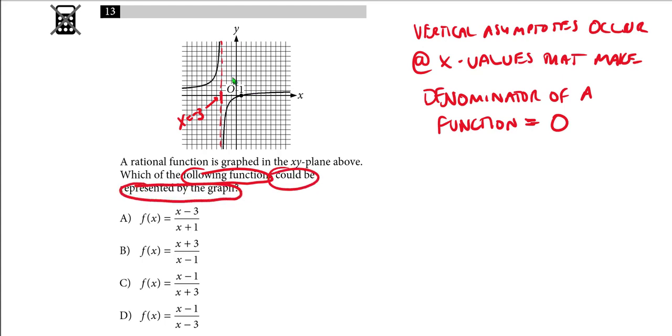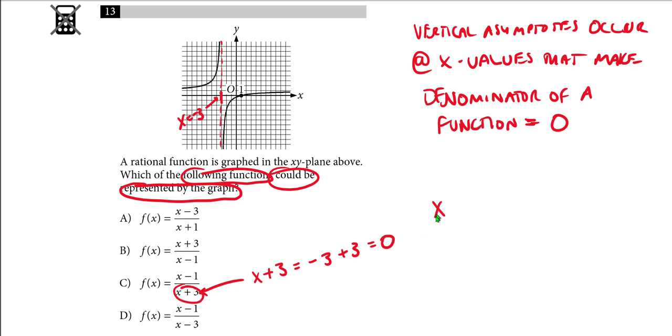So that tells us that -3 is going to be an x value that makes the denominator of this function equal 0. And we can see that right there, if we throw in -3 for x, we will get 0.